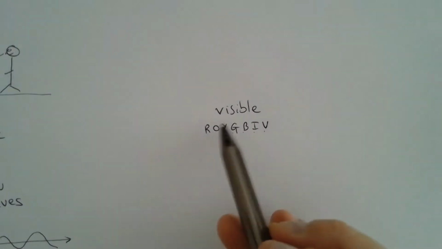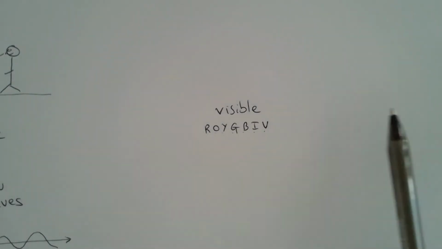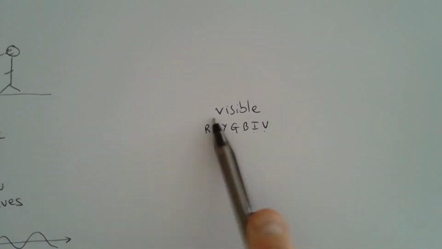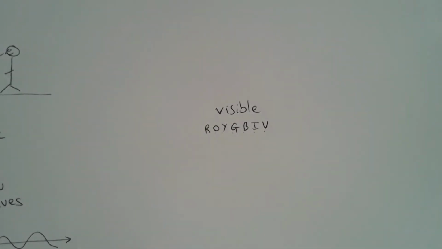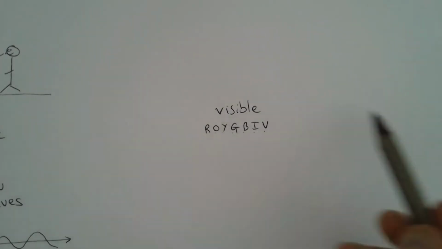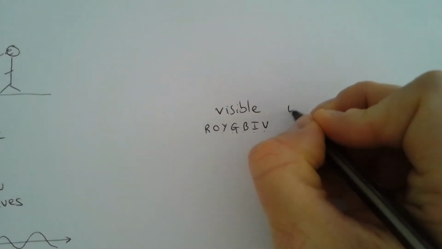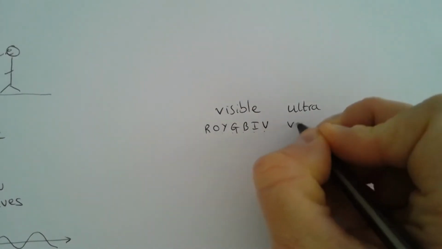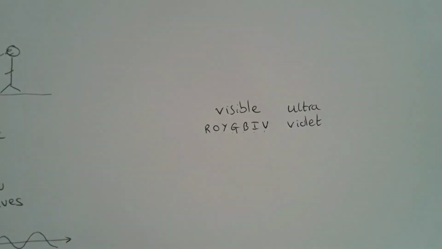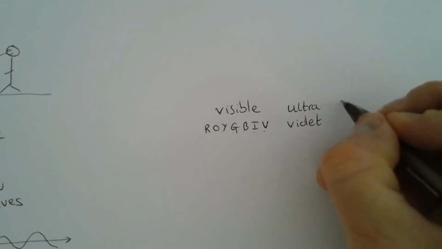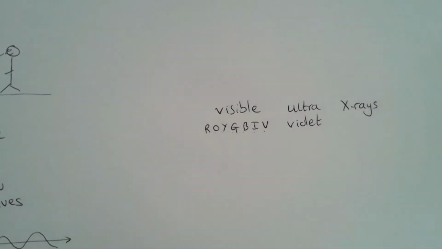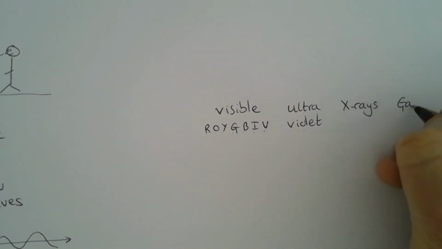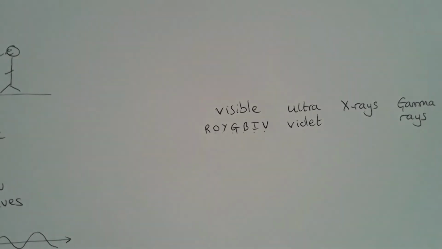And there are other parts to this type of radiation to either side of this visible part. If we go in this direction first, the first one we get to is ultraviolet, because it's beyond the violet part of the spectrum. And then we get to something called X-rays, and then right up at the end we get to gamma rays.